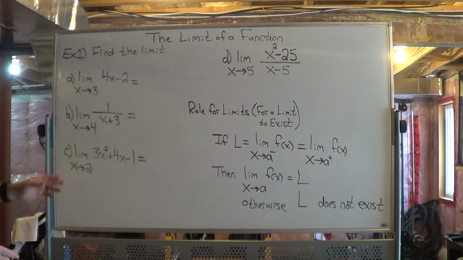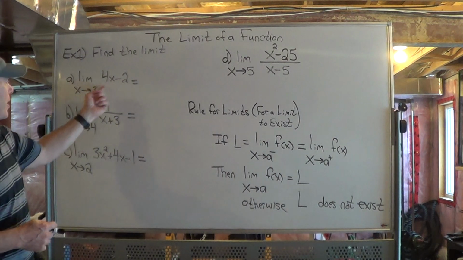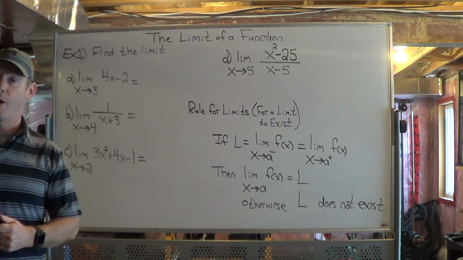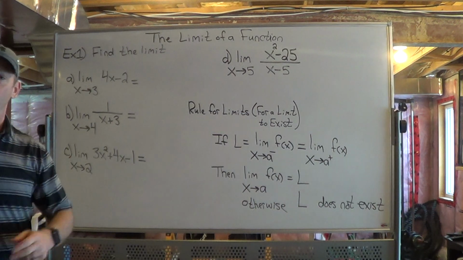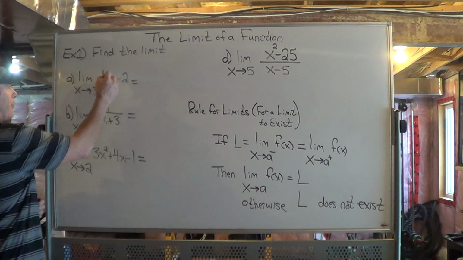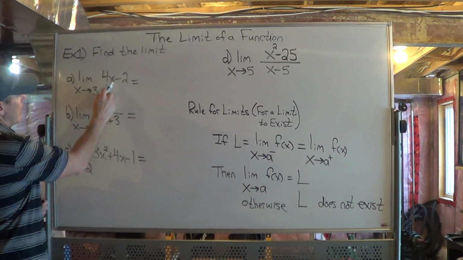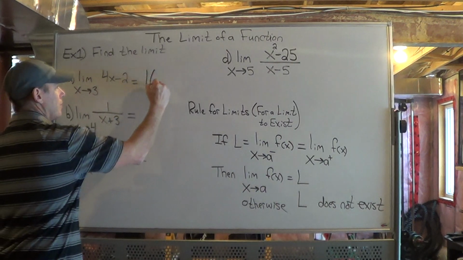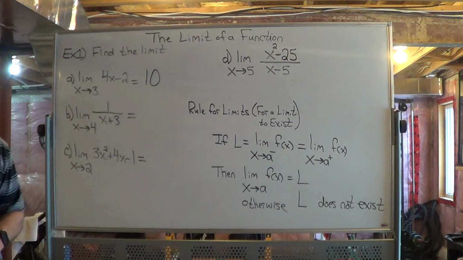But in this case, there's no fraction, so I don't have to worry about the function being undefined. I can plug a 3 in for x, so 4 times 3, which is 12, then subtract 2. I can just straight substitute in, no problem.